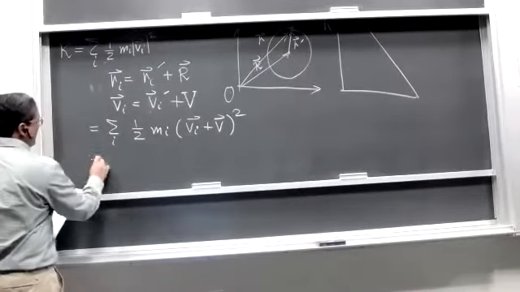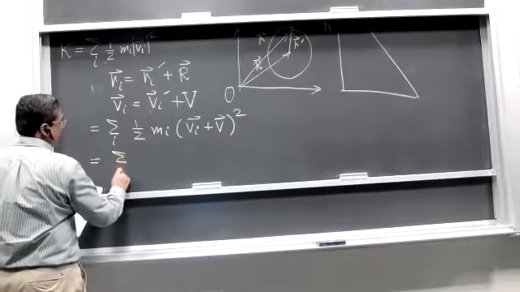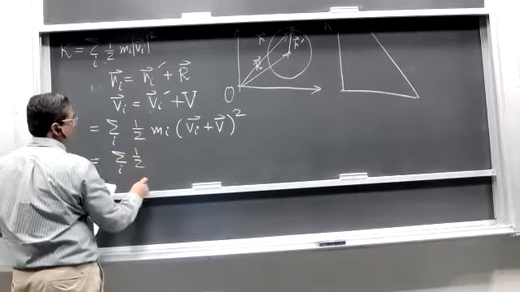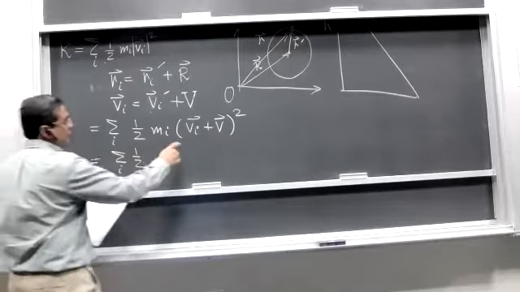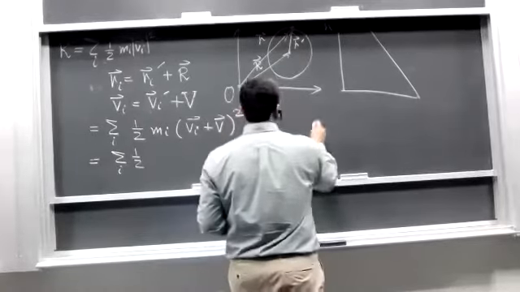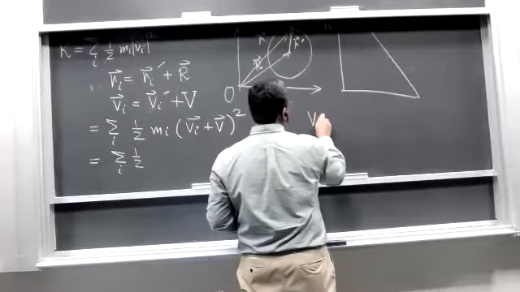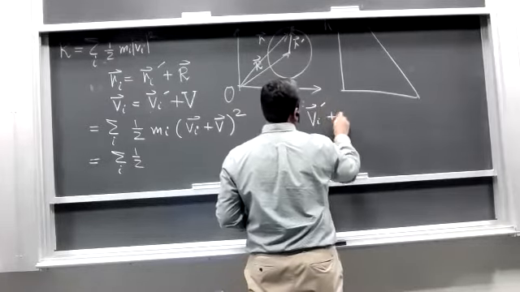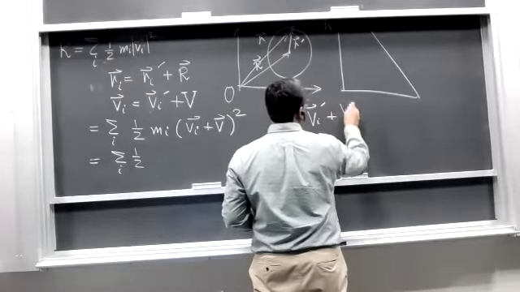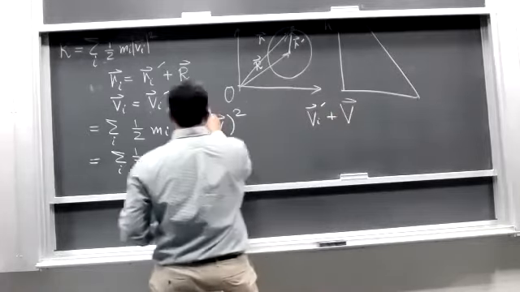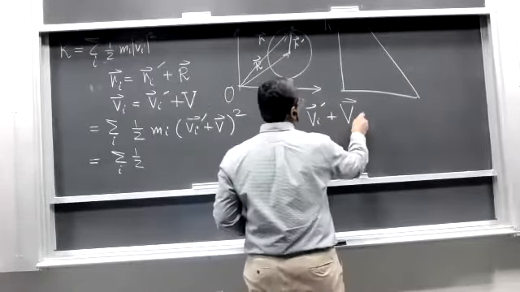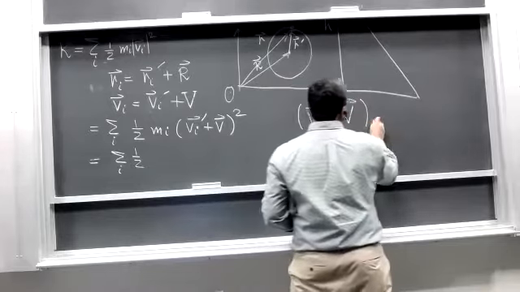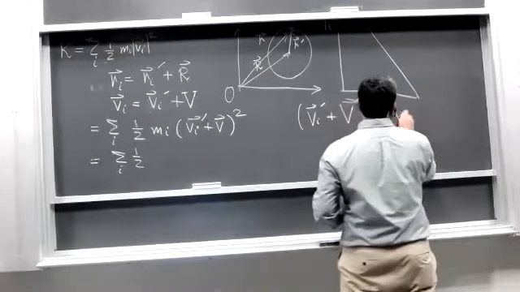If you expand it, what is inside the square is just the dot product of these two vectors. Sir, isn't it V_i prime inside the square? Yes, it's V_i prime, this vector dot this vector.